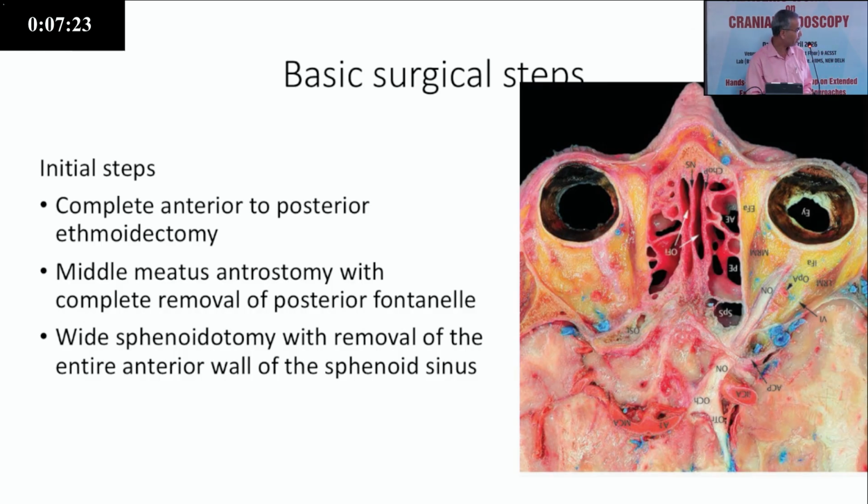And when you reach the sphenoid sinus, do a wide sphenoidotomy. And one more practical point: if it is posterior ethmoid, you will be able to see the floor. Only in the sphenoid sinus you will not see the floor. If you are able to see the floor, be careful, this is not sphenoid, this is posterior ethmoid.